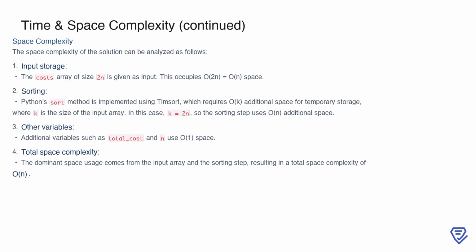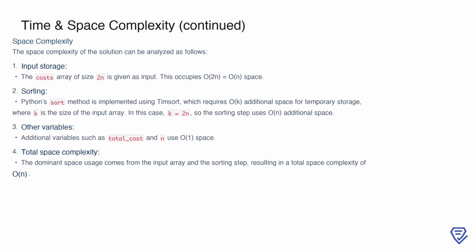Now, let's consider the space complexity of the solution. First, the input costs array of size 2n is given, which occupies O(n) space. During the sorting step, Python's sort method uses timsort, which requires additional space for temporary storage. Specifically, this uses O(k) space, where k is the size of the input array, and here k equals 2n.